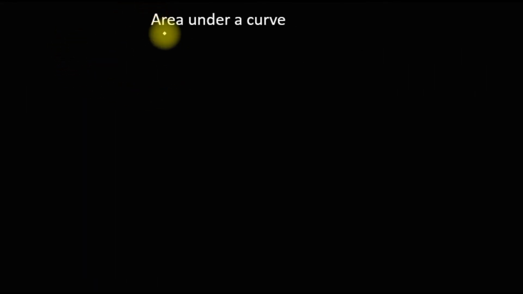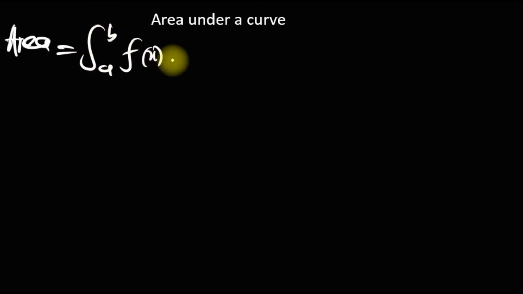So we're on area under a curve. I say that area under a curve is just the definite integral of that curve from one limit to another. So the area under a curve is just the definite integral from a to b of that function or curve.